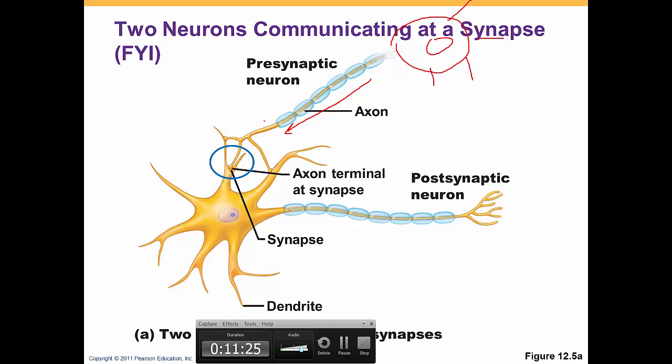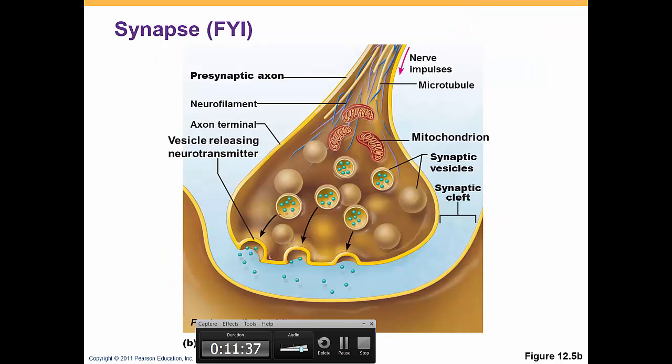It has an axon, and that axon will synapse or communicate with a dendrite of another neuron. So we call this area of communication here the synapse. As you can see here, these are my neuron signals traveling through the neuron, and they come towards the end here. They stimulate the release of neurotransmitters so the signal can travel to the other neuron.